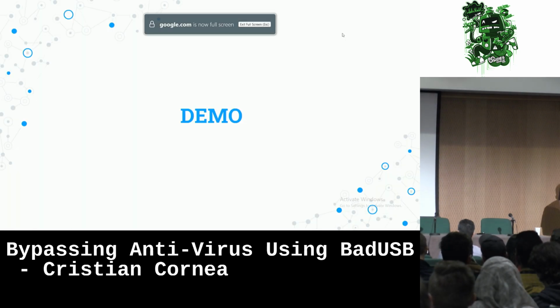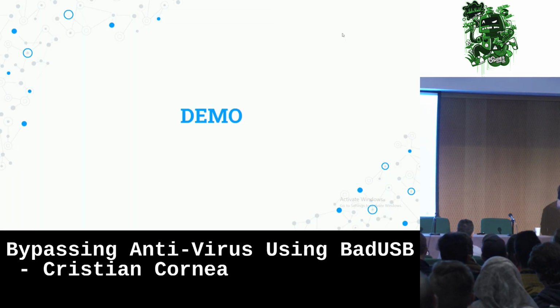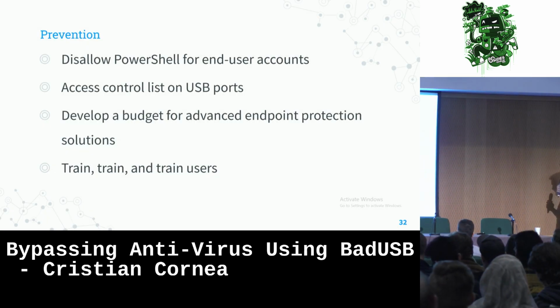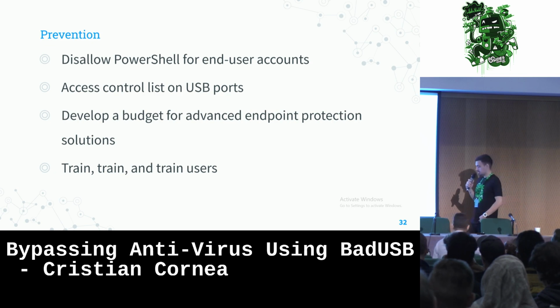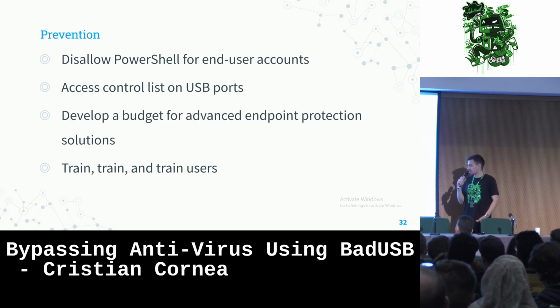Okay, so some prevention mechanisms for this type of attack. Basically, disallowing PowerShell through execution policy is not enough. We should cut PowerShell entirely. So don't rely on the execution policy. Use access control lists on the physical USB ports of the corporate devices.